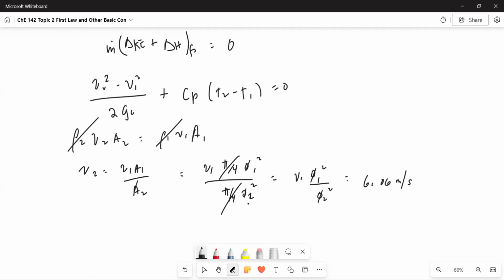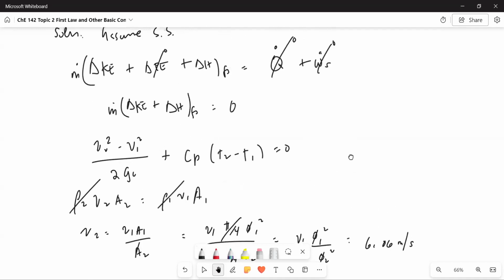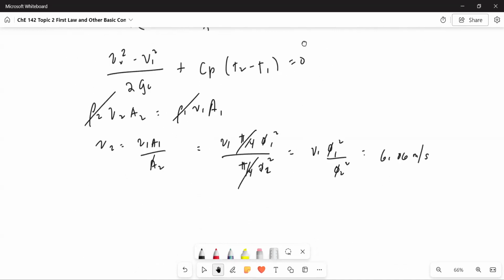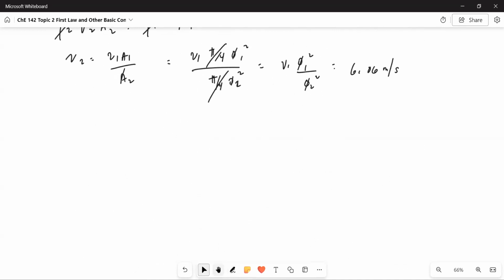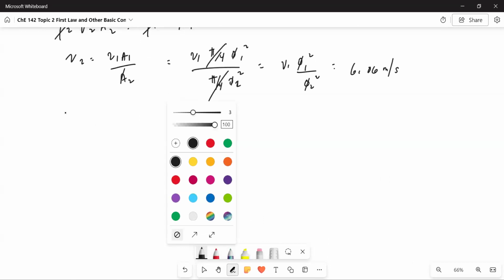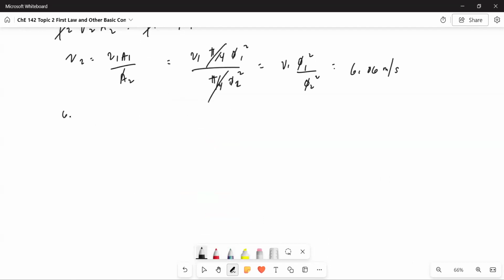So now we go back to our equation right here and substitute the values. This is meter squared per second squared.